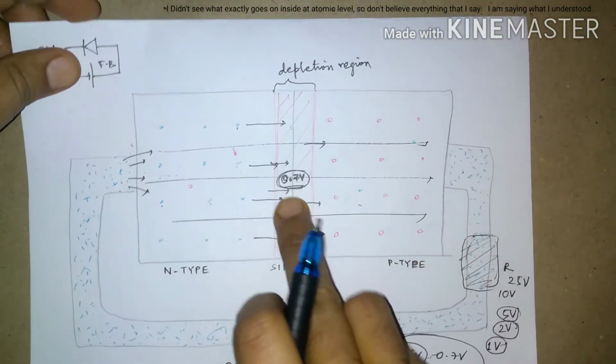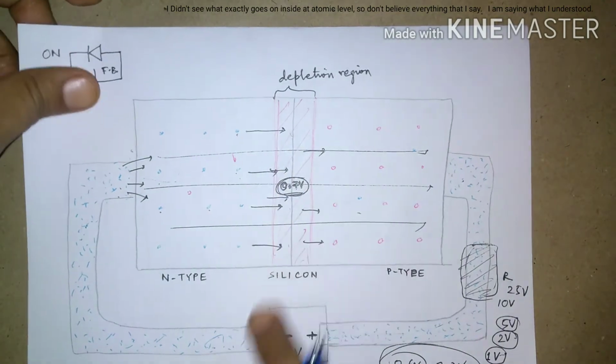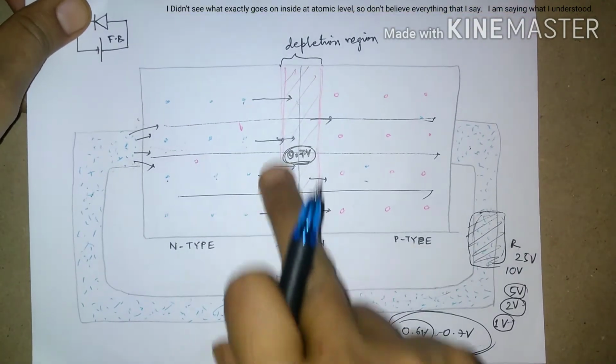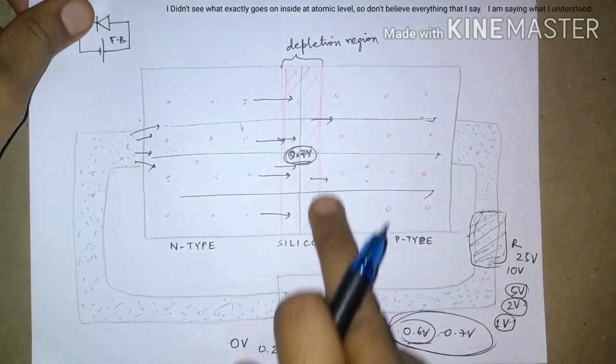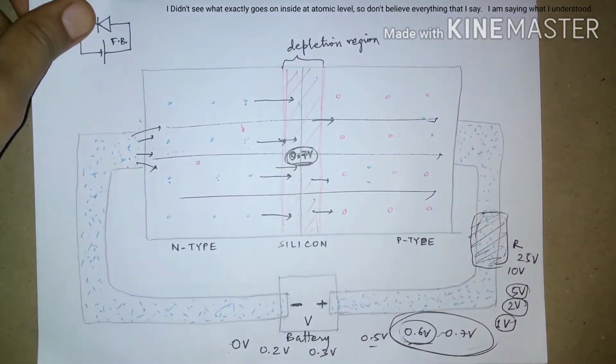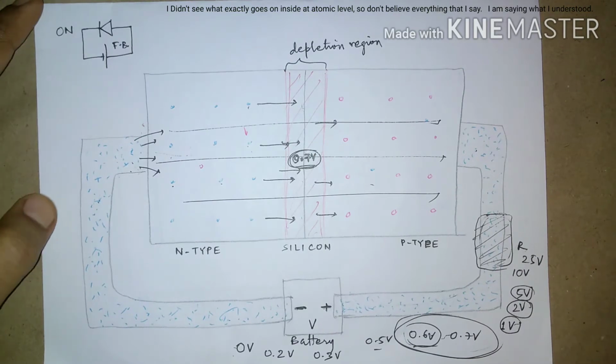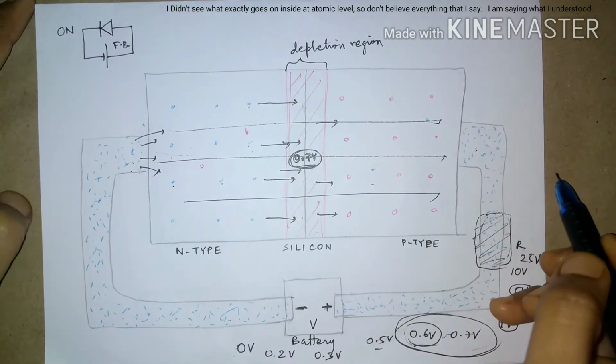Here also it is the same case. In this depletion region, only 0.7 volts is enough to wake up all the electrons which are sleeping in this depletion region, something like that. I think you got the point.